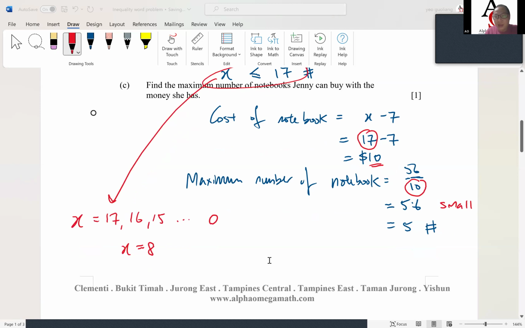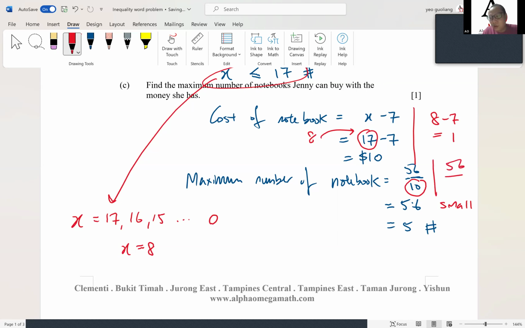Because if you put 8 in here, it means one notebook is $1, right? 8 minus 7 is $1, which means if you use $56 and each notebook is $1, then you can actually buy quite a lot of notebooks. You can actually buy 56 notebooks.